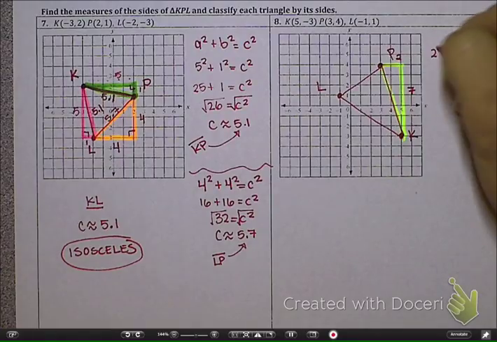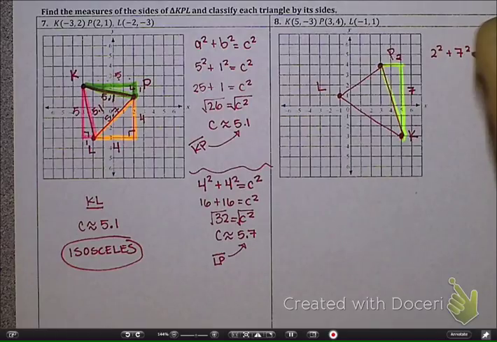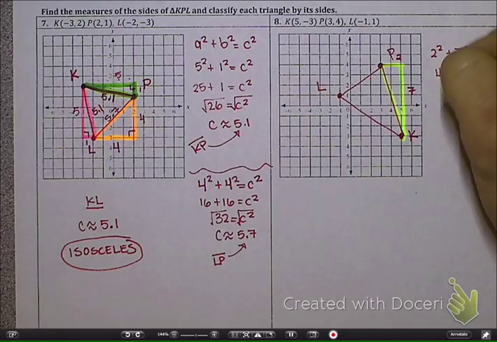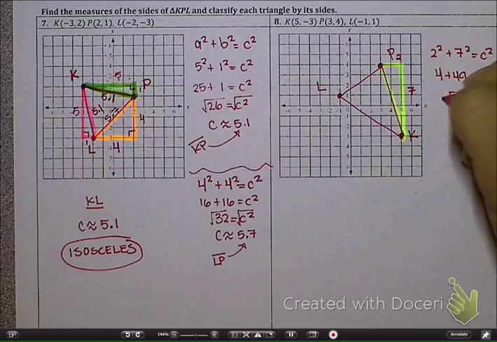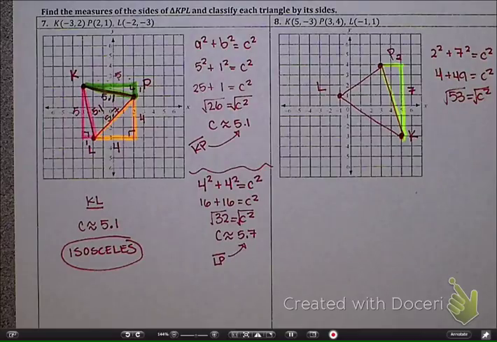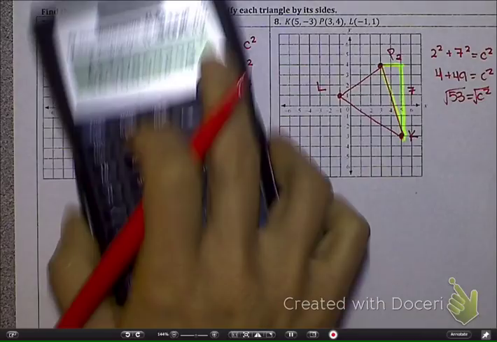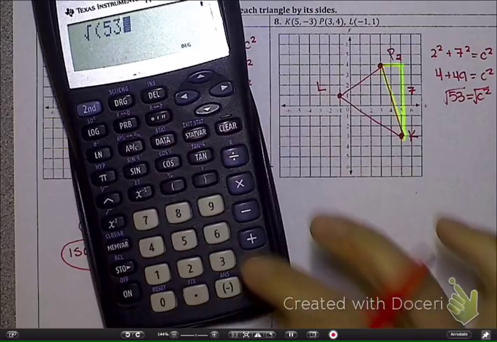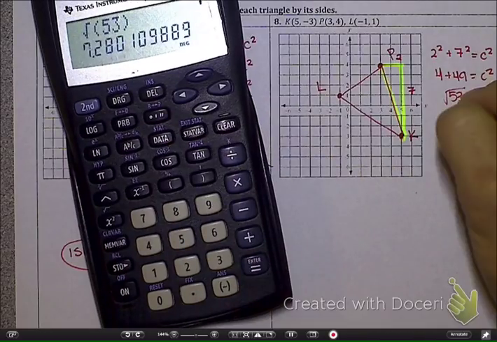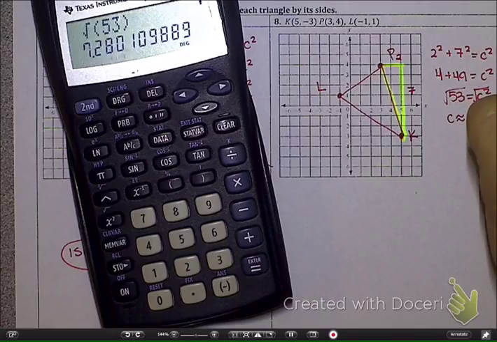So finding side PK, I'm going to get the square root of 53. And when I put this into my calculator, I'm getting that c is approximately 7.3.